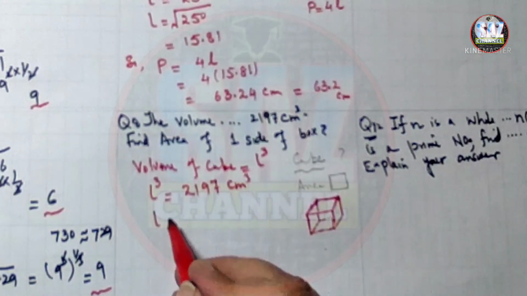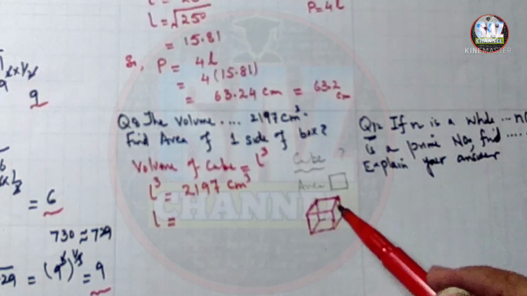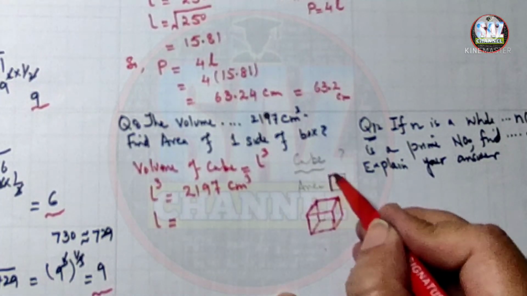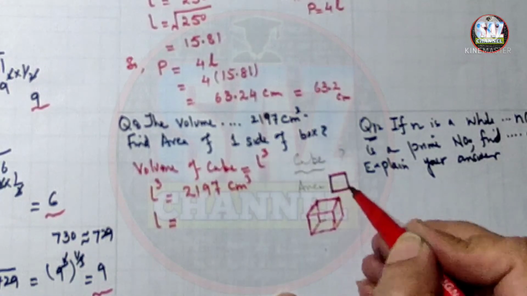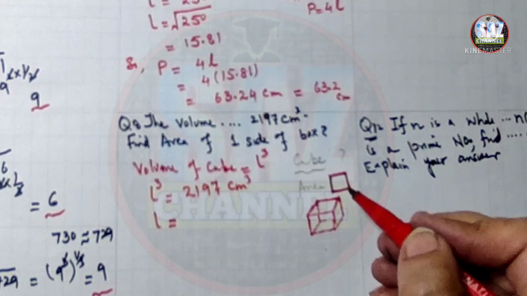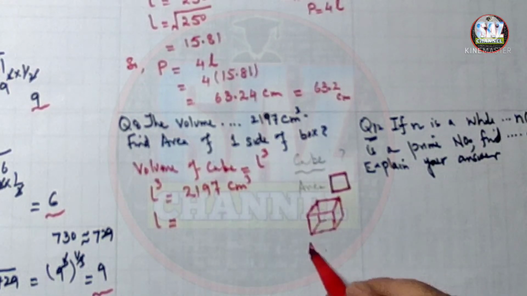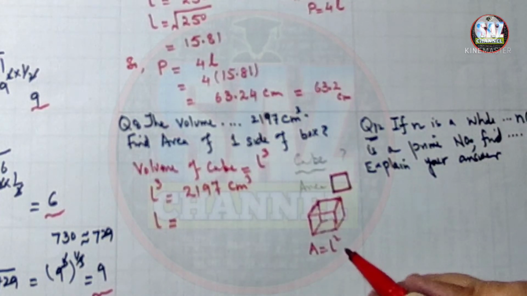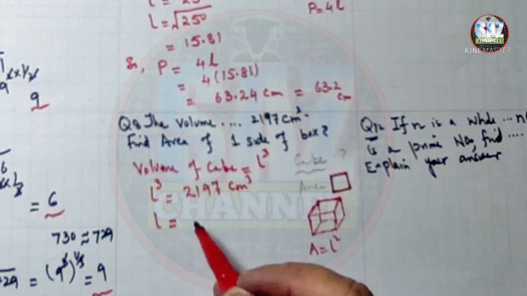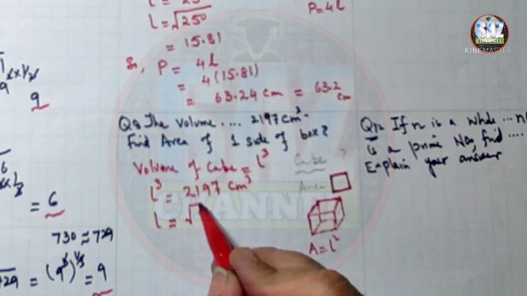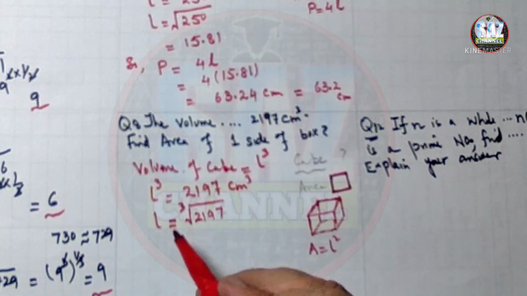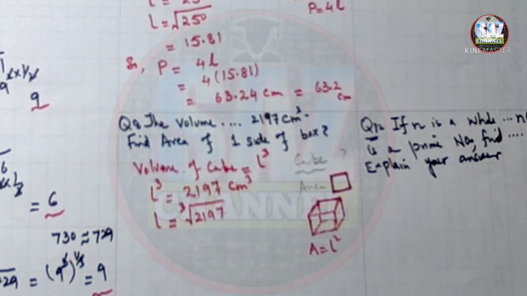The requirement is that we have to find the area of one face, and that face is a square, and the formula for the area of a square is L square. So first I have to find the length of one side by taking the cube root of 2197, and I can take help from the calculator.